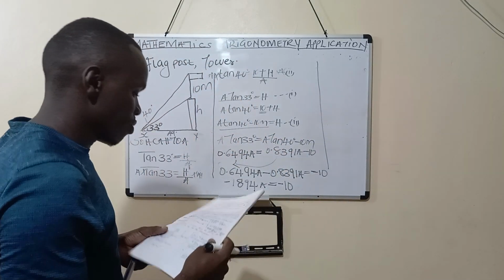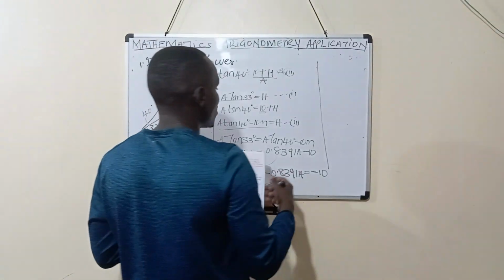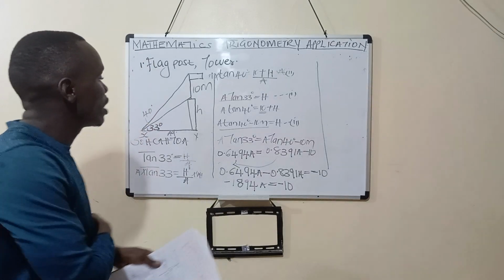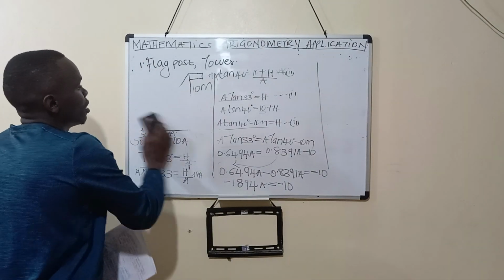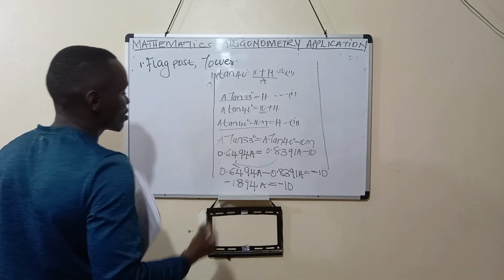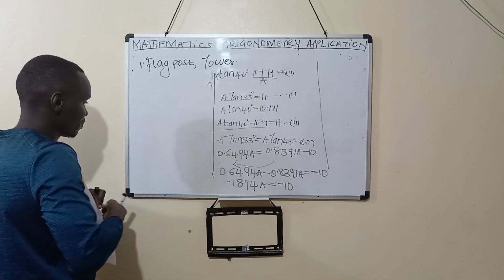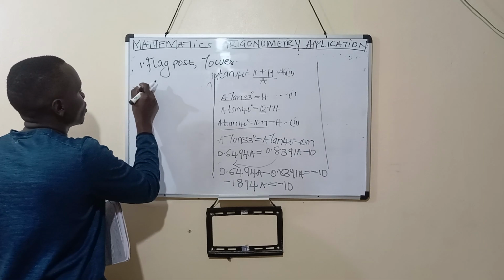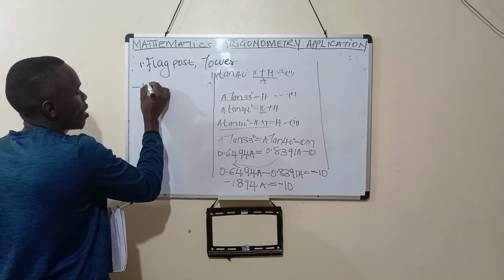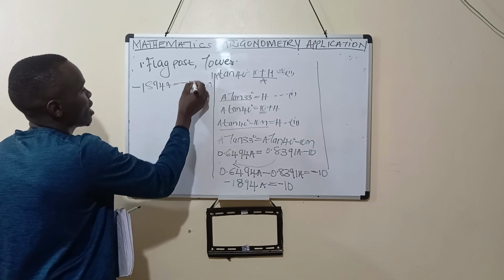Then from there, remember we are solving for the value of A, so we are supposed to divide. Allow me to create more space. So we have negative 0.1897A equals minus 10.